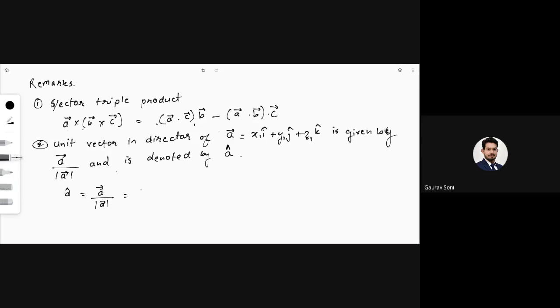So this will be x1 i plus y1 j plus z1 k. What will be the denominator?